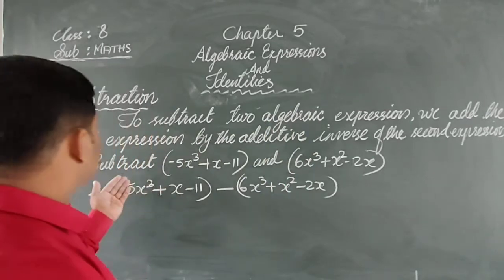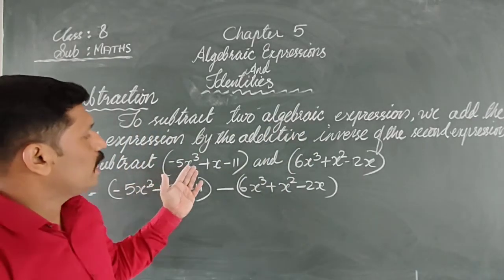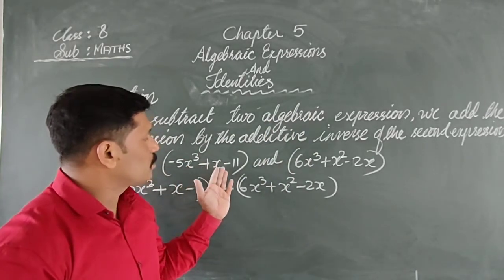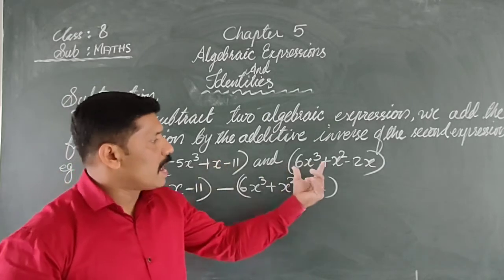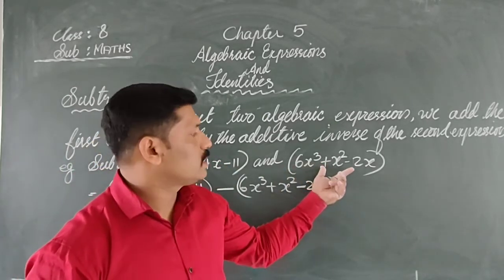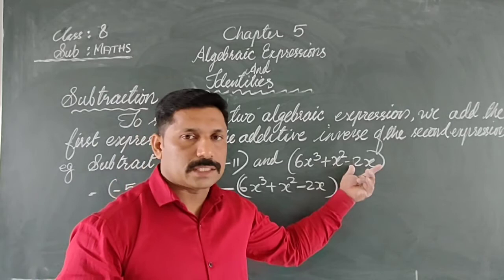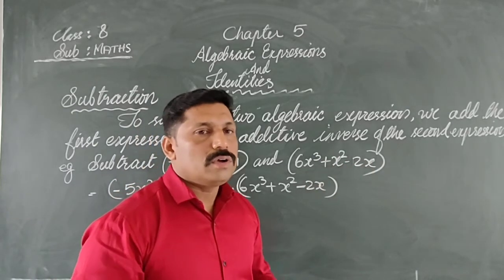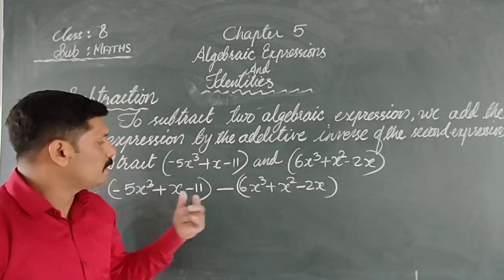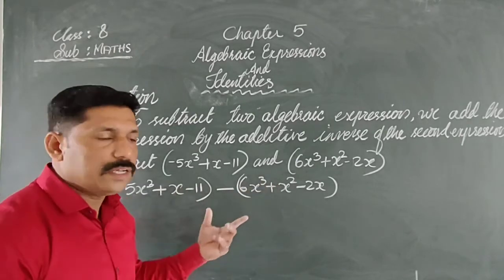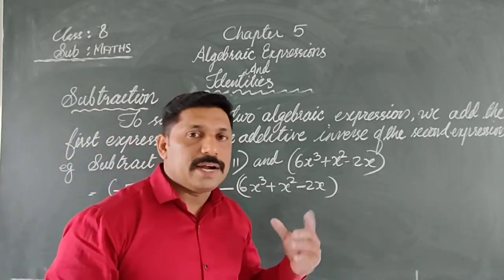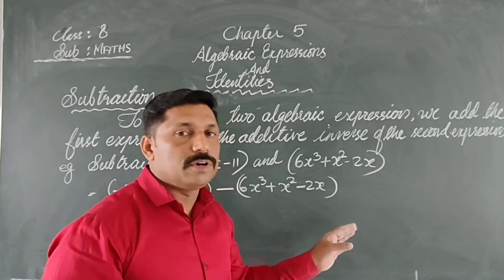All of you listen. Subtract negative 5x³ plus x minus 11, the first expression, and 6x³ plus x² minus 2x, the second expression. So here I have written first expression minus second expression. Subtraction means addition of the first expression to the additive inverse of the second.